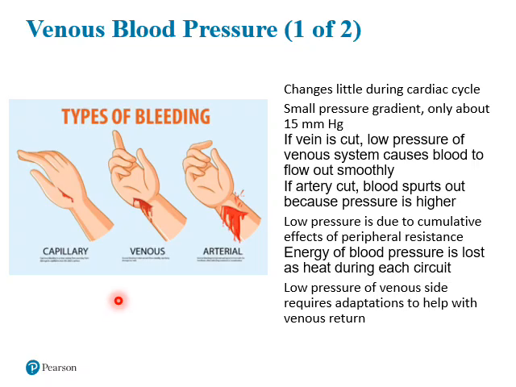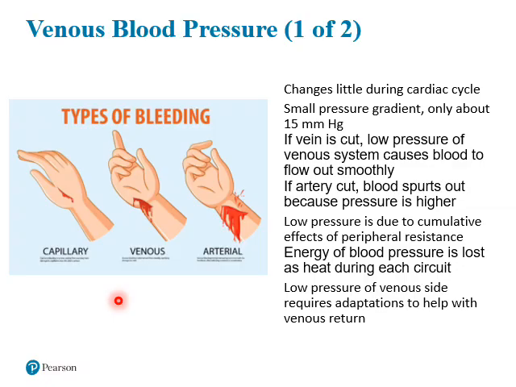Now let's take a look at the venous pressure. The venous blood pretty much is dark red. It changes little during the cardiac cycle.